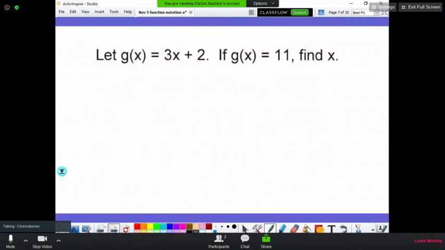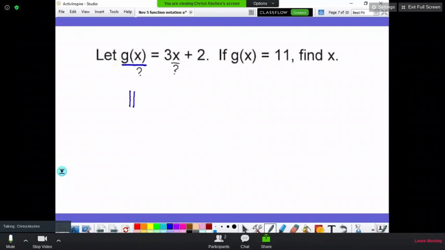On this problem, g of x equals 3x plus 2. If g of x equals 11, find x. So I don't know what x is. Those are the things I don't know. But I actually do know the entire g of x. g of x is 11.